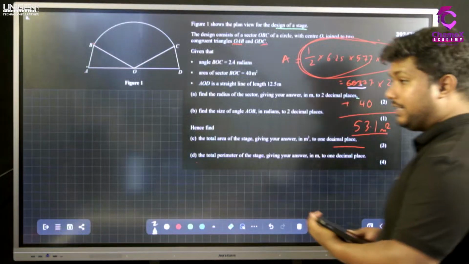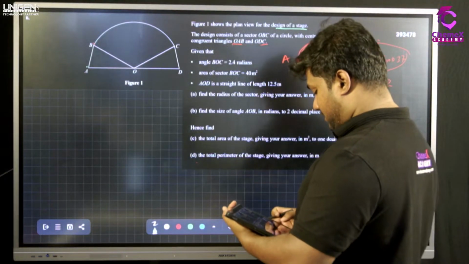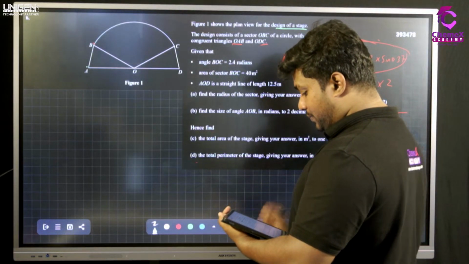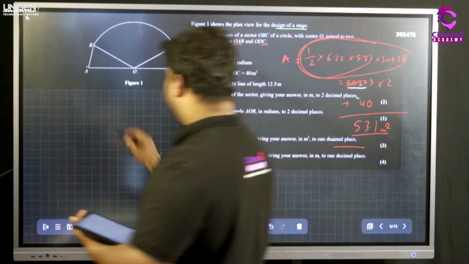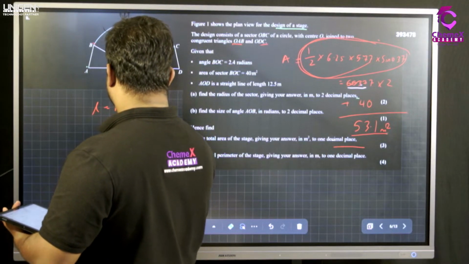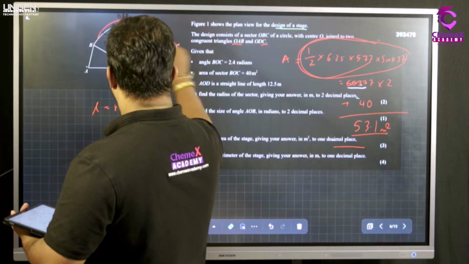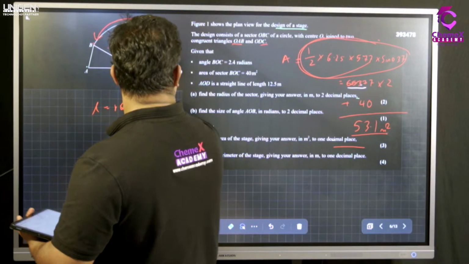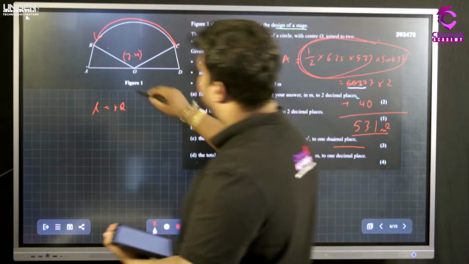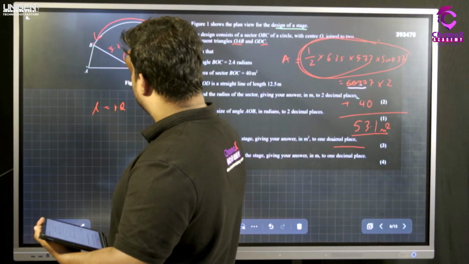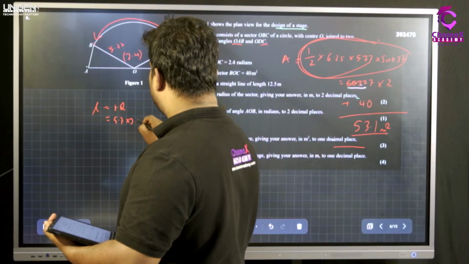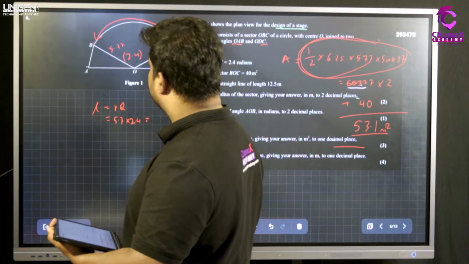So in order to get the perimeter, L equals r theta, you know, no? I need this distance. I know this angle is 2.4 and the radius is 5.77. So 5.77 into 2.4, I'll get the BC.